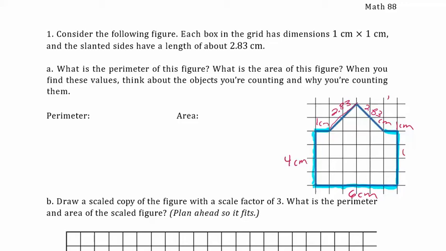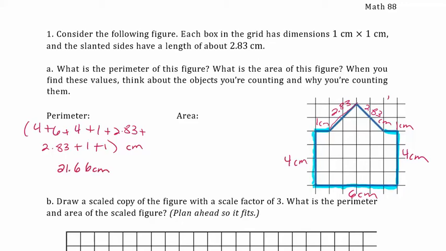Now we're just going to add all those up. So we have 4 plus 6 plus 4 plus 1 plus 2.83 plus 2.83 plus 1 centimeters. And that adds up to 21.66 centimeters.